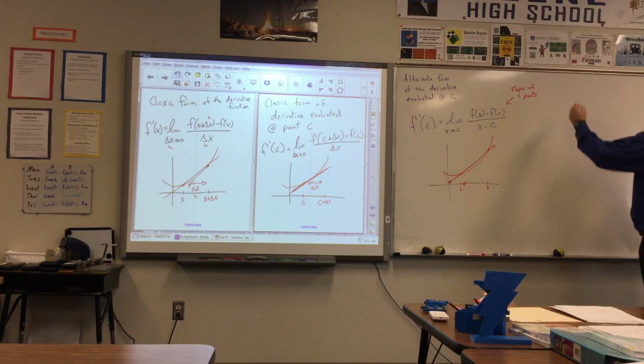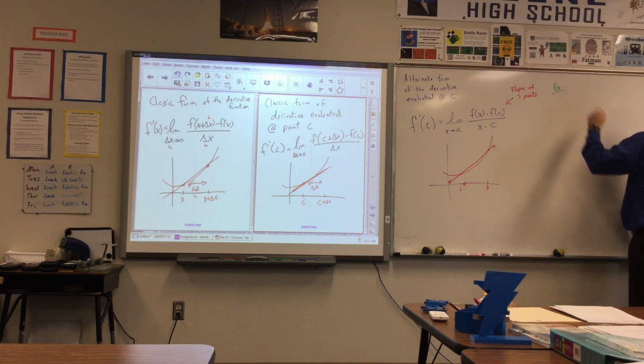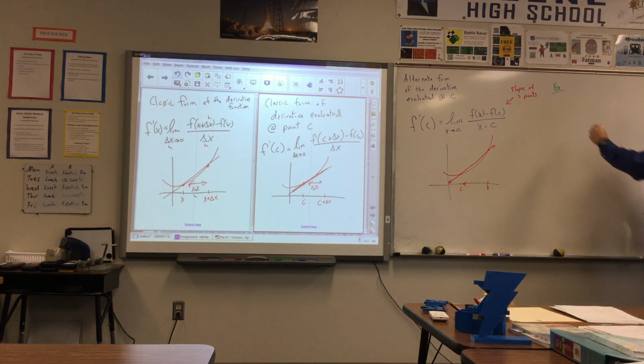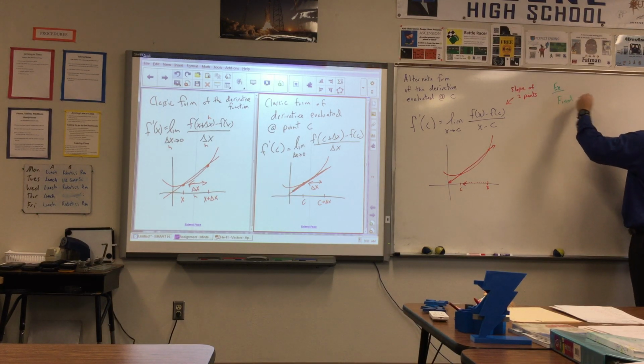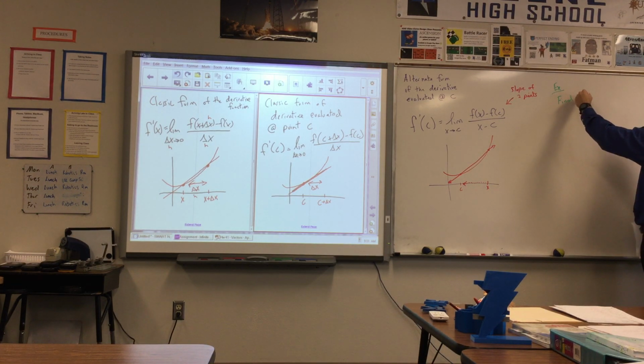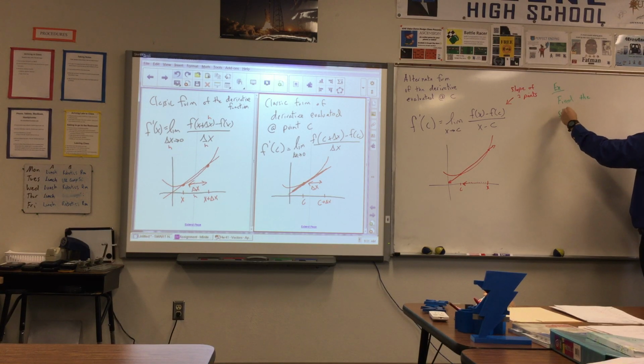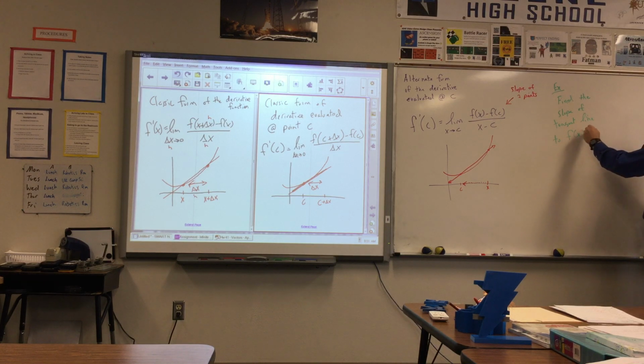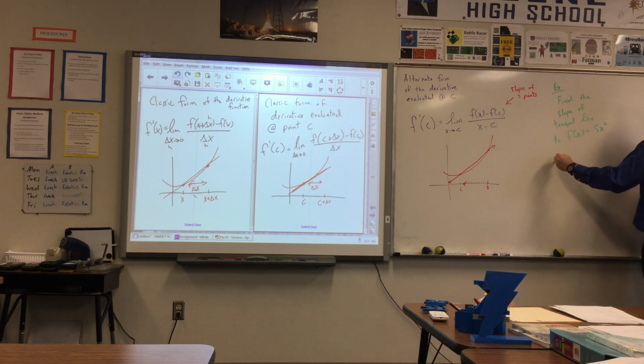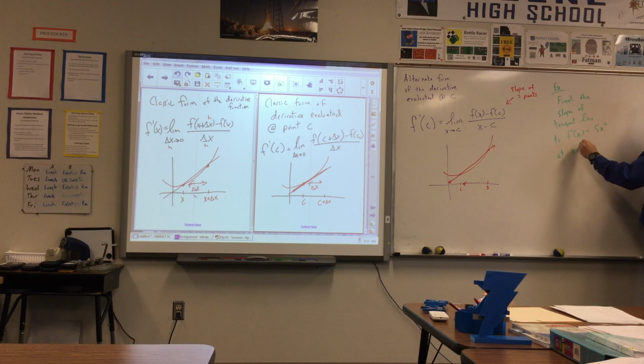So here's an example. What if I said, find the slope of the tangent line to f of x equals 5x squared at x equals 3.